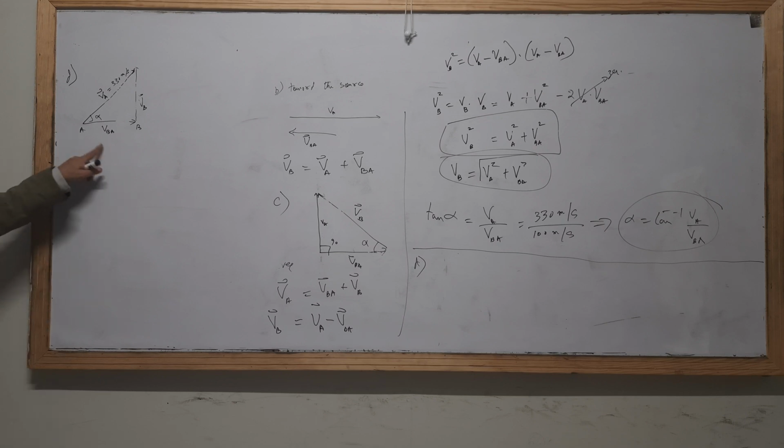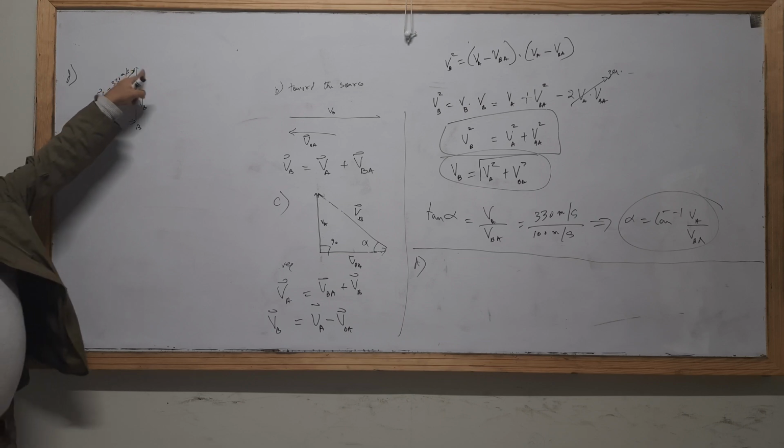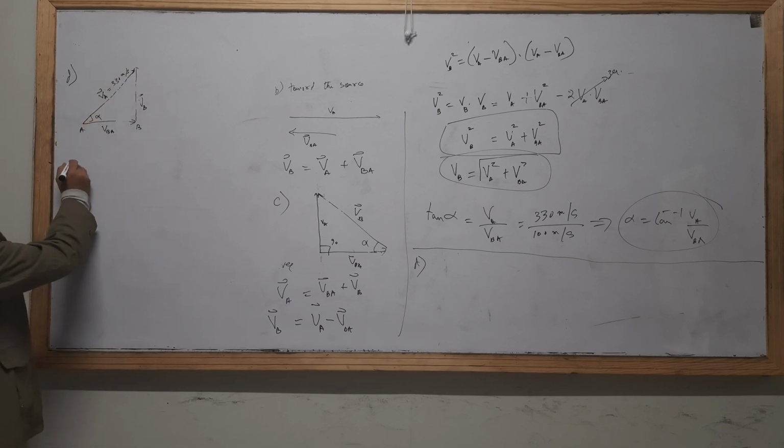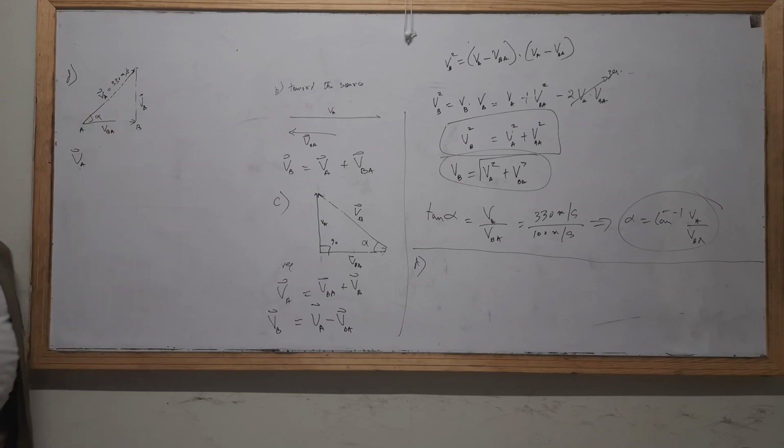Now, according to the head and tail rule, head is joining with the head, tail is joining with the tail. Now the resultant is VA, and VA is given. VBA is given.